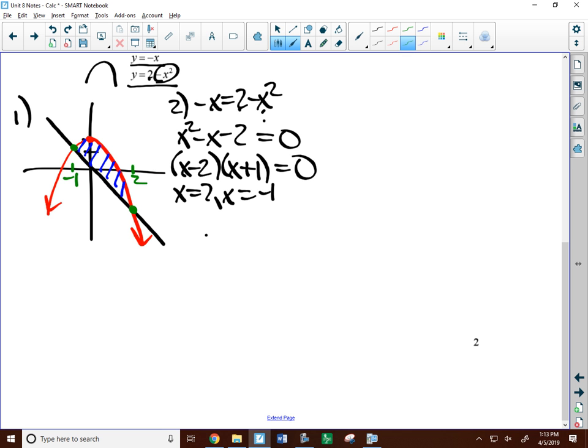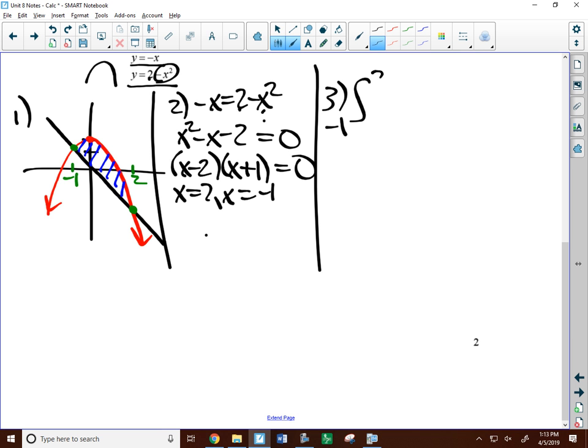Really this is the only new step, because now we'll set up our integral from -1 to 2, and similar as before.